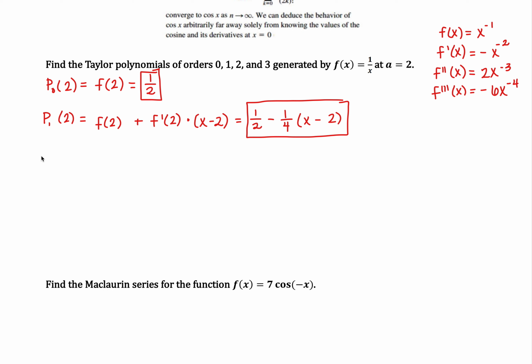Continuing, the Taylor polynomial of order 2, it's going to share the same first 2 terms of this as the Taylor polynomial of order 1. So we're going to have the f of 2 plus f prime of 2 times x minus 2.